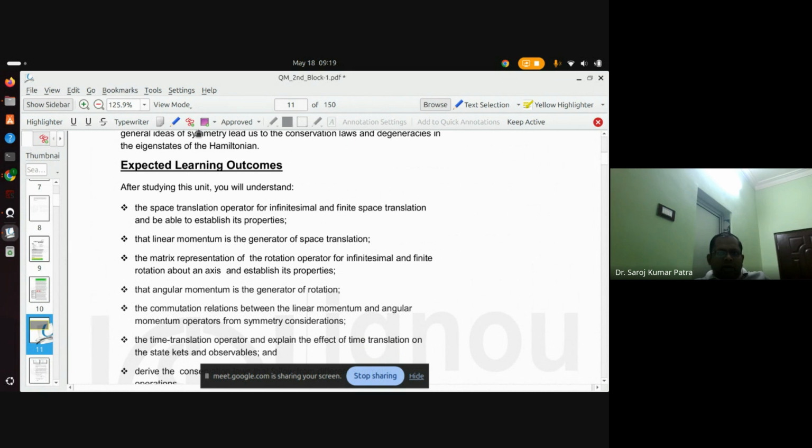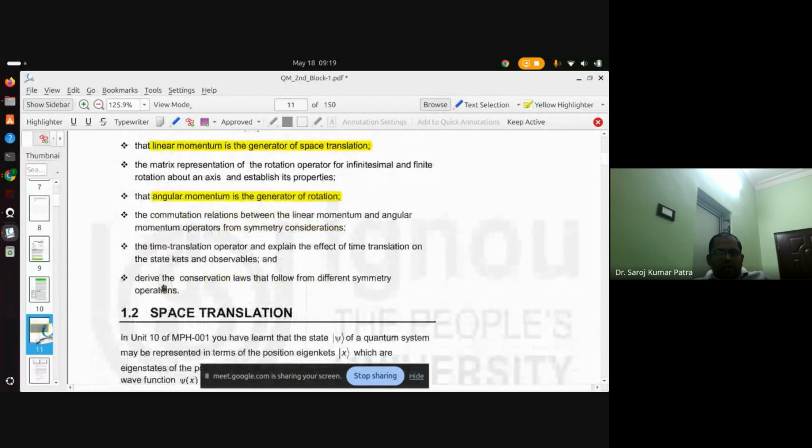It is very important to remember that linear momentum is the generator of space translation. We'll see the mathematics as well. Angular momentum is the generator of rotation, and here also the time translation operator, which will give rise to your Hamiltonian and conservation of energy.